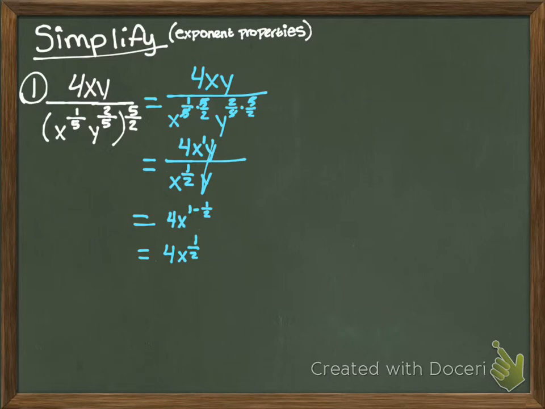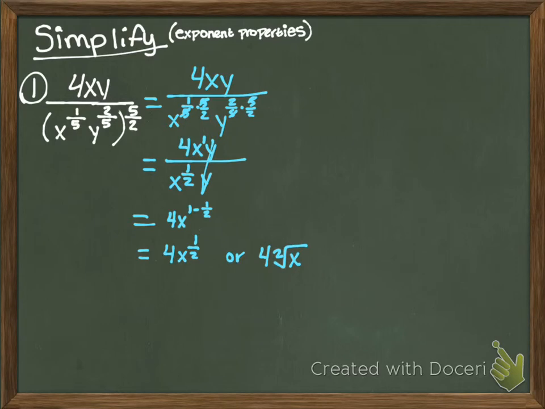And this is an unnecessary step, but since we talked about converting from exponential to radical form, let's just go ahead and do that just for extra practice. So x to the 1/2, the 4 stays. X to the 1/2 means that the outside of my radical is 2 and just x. So x to the 1/2 is the same thing as the square root of x.